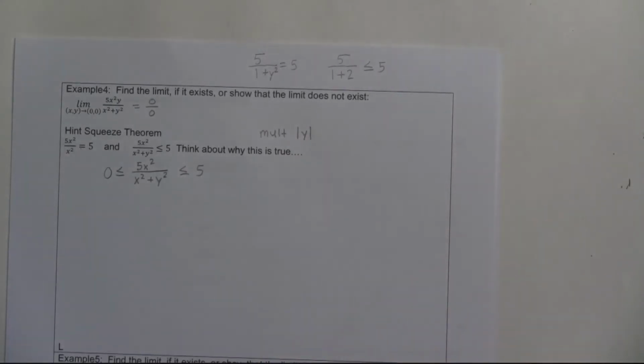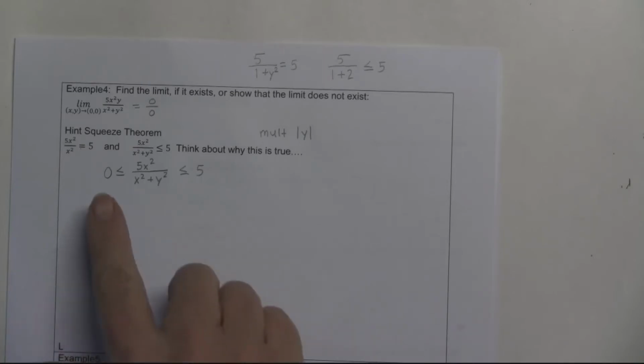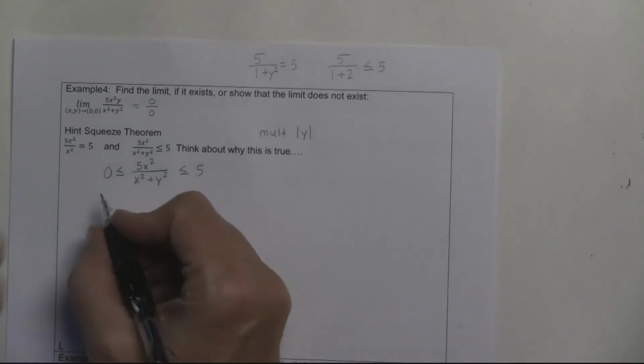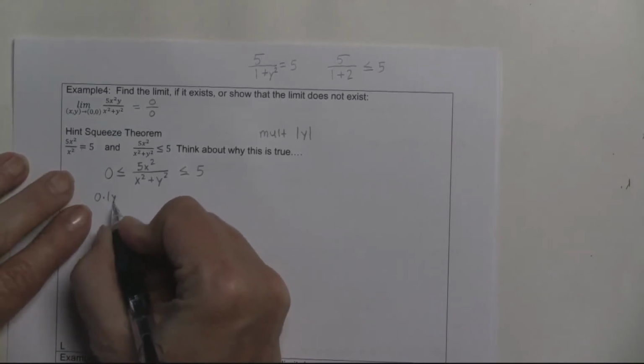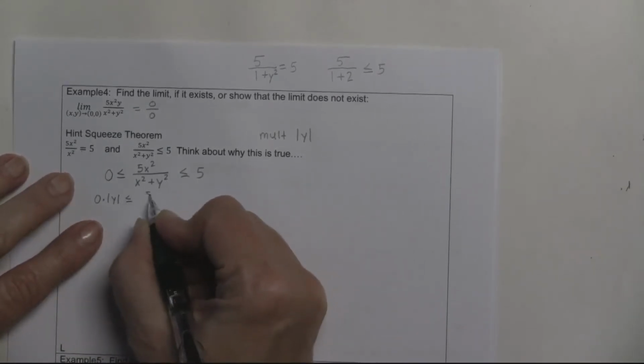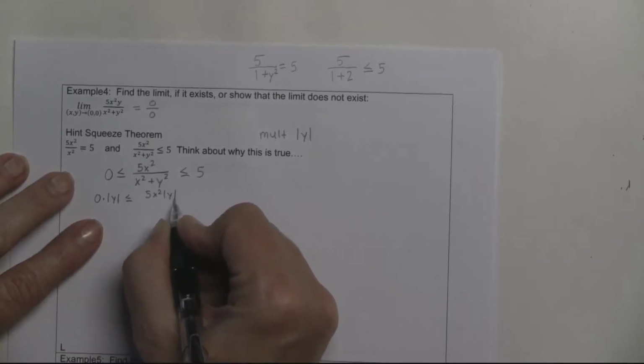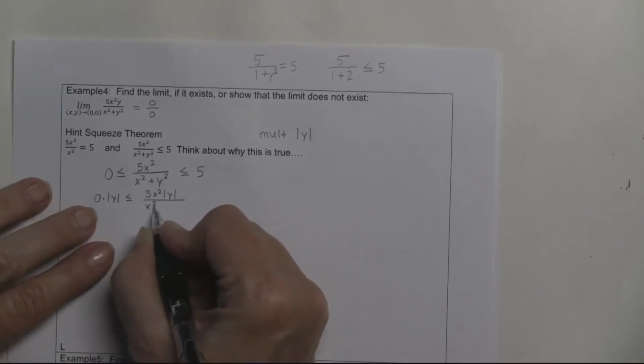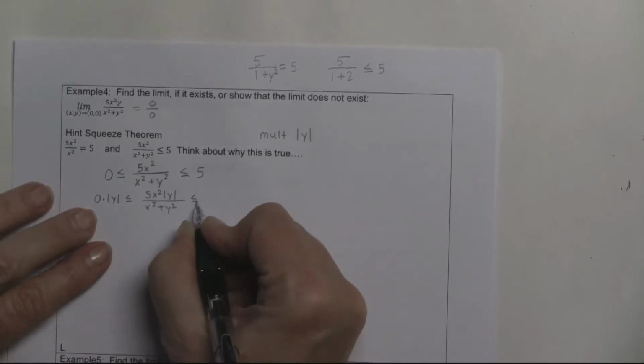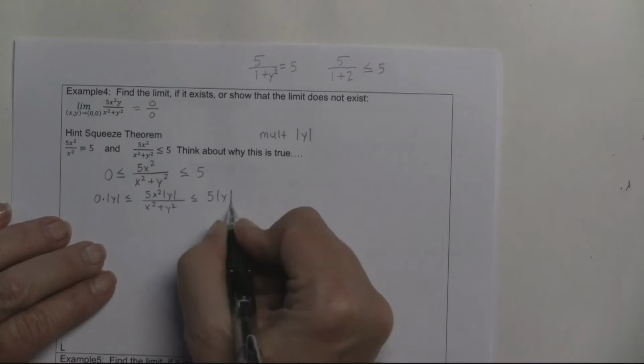If I multiply by the absolute value of y, I've guaranteed you that it will be positive, and I won't have to flip the symbols. So let's do that. This is going to be 0 times the absolute value of y, 5x squared times the absolute value of y, over x squared plus y squared, less than or equal to 5 times the absolute value of y.